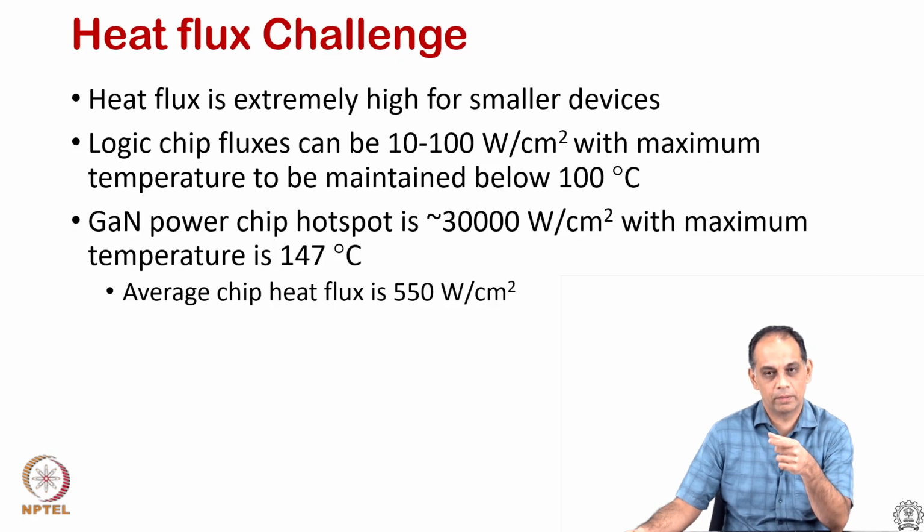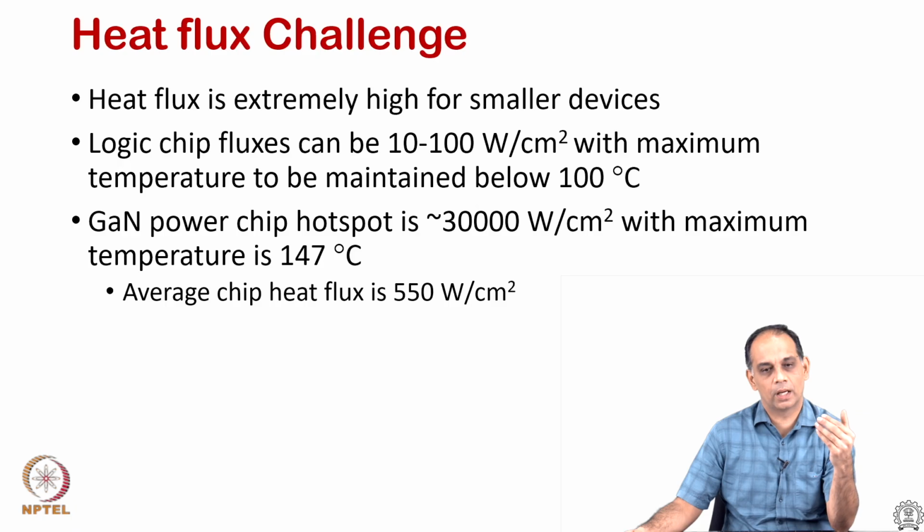The heat flux can be as high as 10 to 100 watts per centimeter square, with the maximum temperature to be maintained below approximately 100 degrees Celsius. In power electronics, it can be 150 degrees Celsius or even 175 degrees Celsius. However, the challenge is always to maintain these fluxes within these maximum temperatures, without hitting these temperatures on a regular basis.